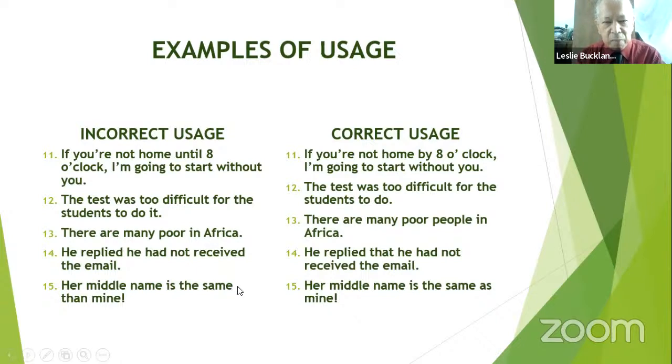So than is used in comparison, just as as is used in comparison. I am as tall as Richard Roy. So we use both words, than and as, in comparison. But in ordinary usage, English speakers use the word as. Her middle name is the same as mine.